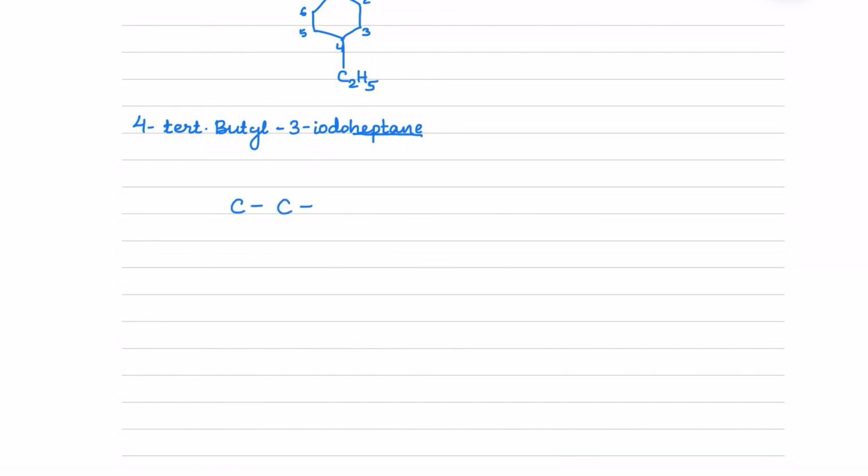So 1, 2, 3, 4, 5, 6, 7. If we start assigning numbers to our carbon atoms, this is 1, 2, 3, 4, 5, 6, 7. To the third carbon, iodine is attached, I. To the fourth carbon, tertiary butyl is present.